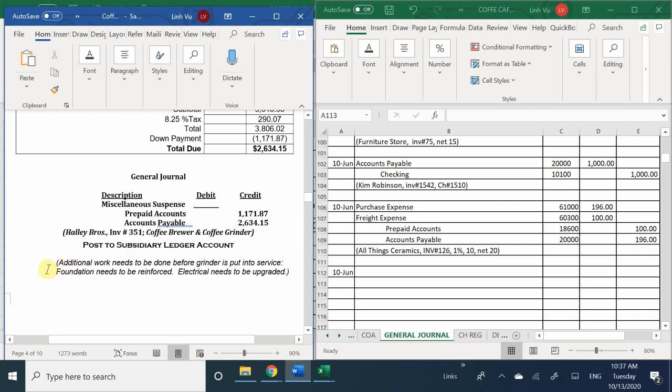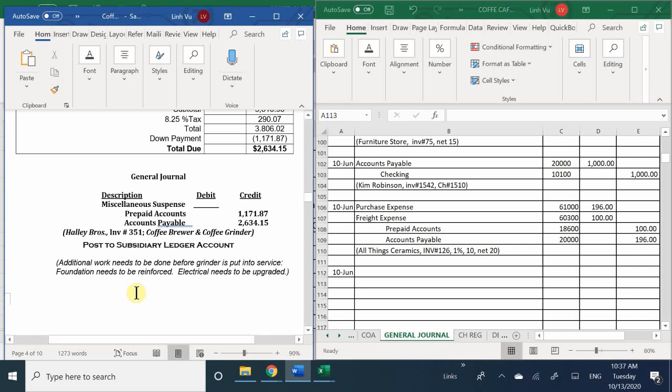Let's continue reading. What does it say down here? Additional work needs to be done before the grinder is put in service. The foundation needs to be reinforced and electrical needs to be upgraded.